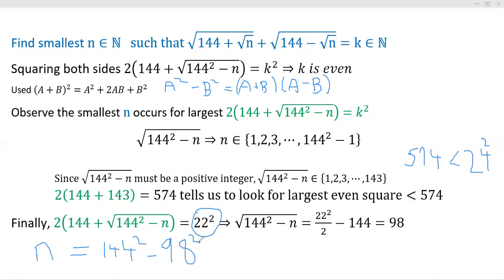Okay. Now you'll notice that's in our set of anticipated values, right? n would have to be in this set, and certainly this value is contained in this set right here.